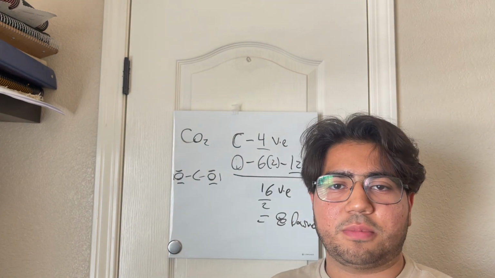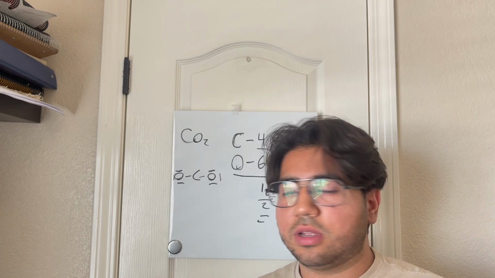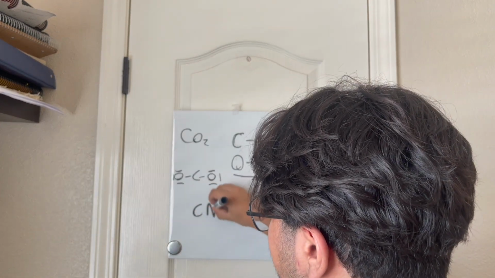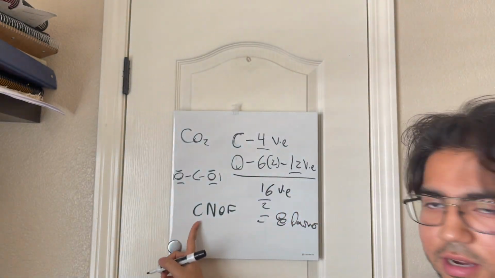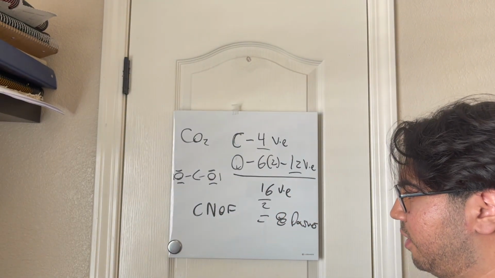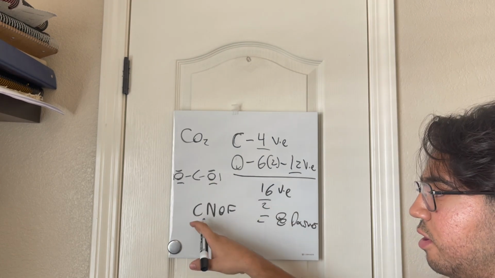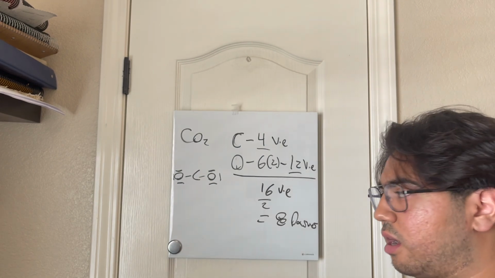Our third step is to check for any atoms that need to follow the octet rule. Now, remember, those atoms are CNOF or Func, if you would like to remember it that way. So oxygen, we have oxygen here, but we also have carbon. Now let's check if carbon and oxygen are following the octet rule.